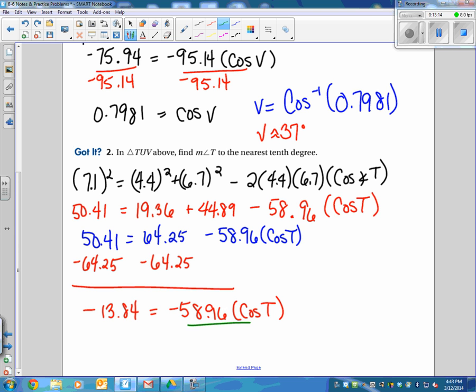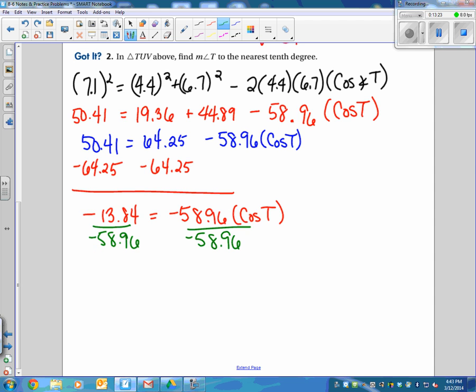Next step would be to divide both sides by negative 58.96. Okay. So we'll say divided by negative 58.96, and we'll get 0.234, looks like 735. And that's going to be equal to the cosine of t.